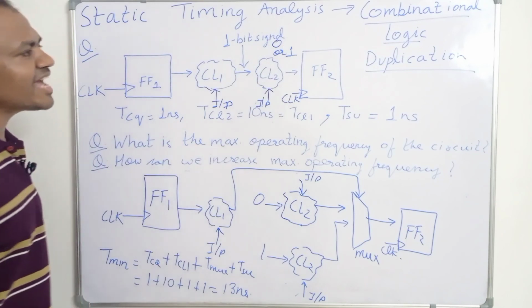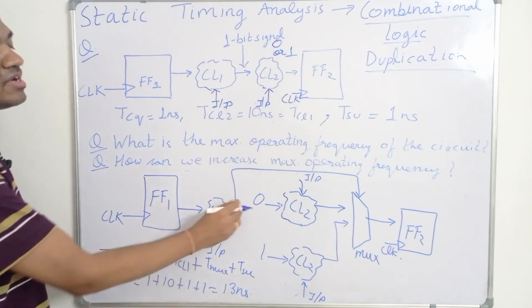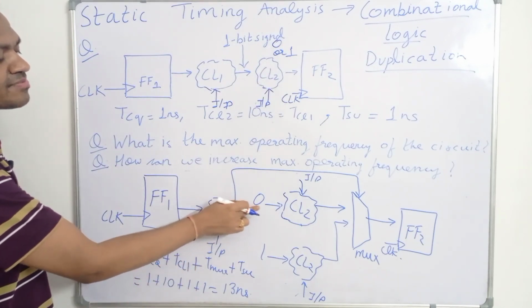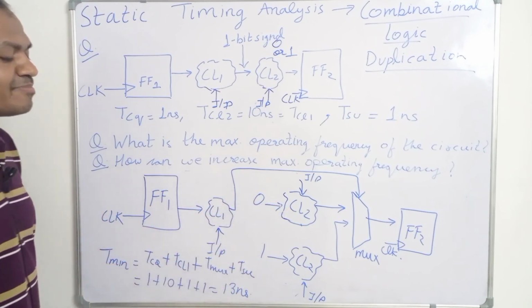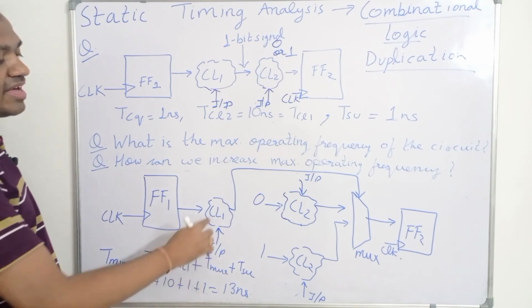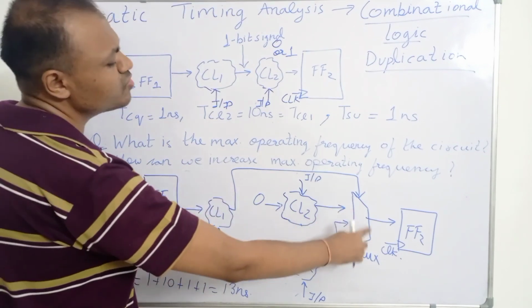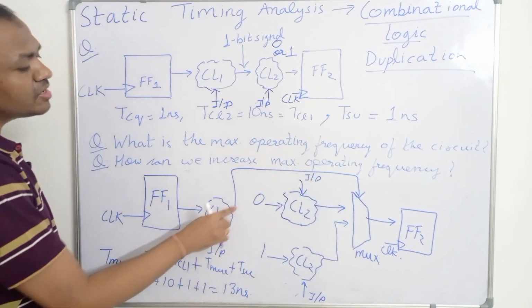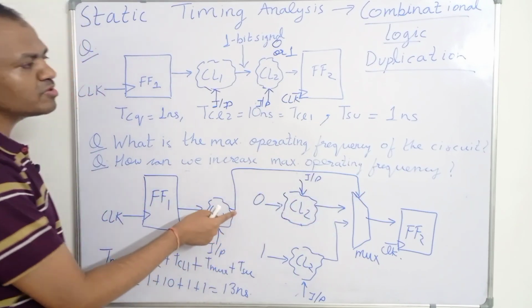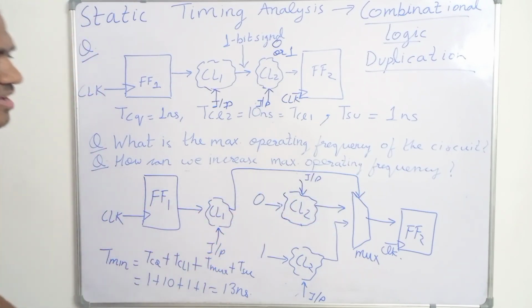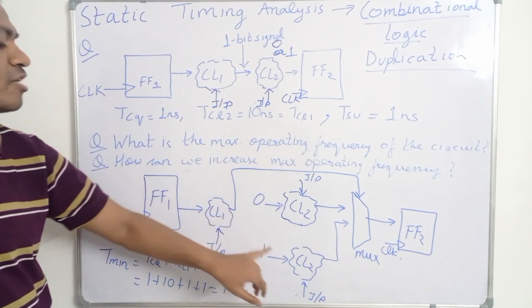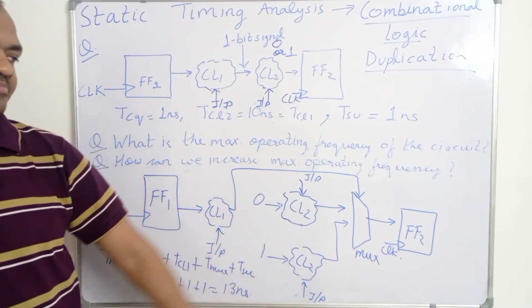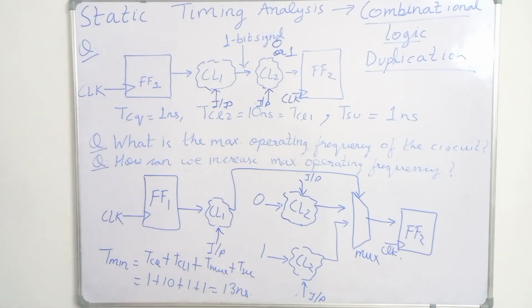We take 0 as the input to the first unit of CL2 and 1 as the input to the second unit of CL2, and give these to the mux whose select line is the output of CL1. When CL1 is 0, the first will be selected, and when CL1 output is 1, the second will be selected. In this way we can increase the maximum operating frequency.